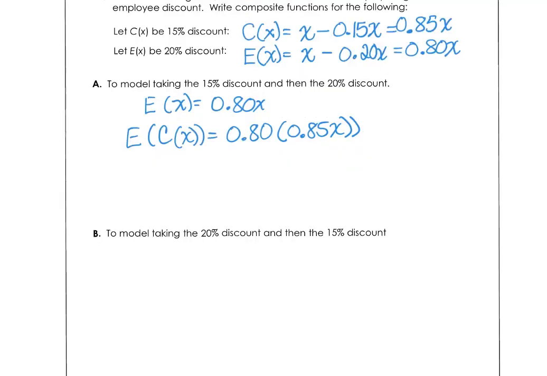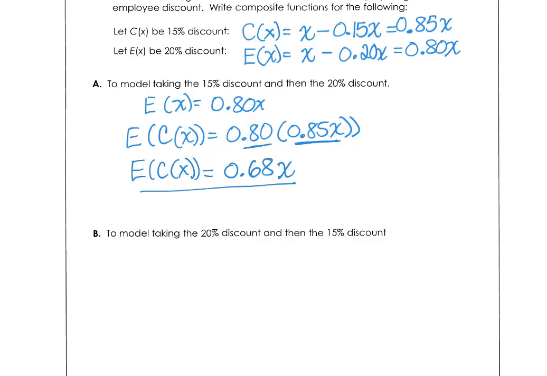So you can say we took the 20% discount after we took the 15% discount. We did this first and then the 20% second. So the employee is going to get 0.68 of the price of the item.